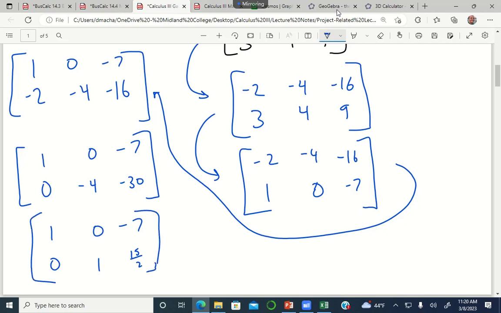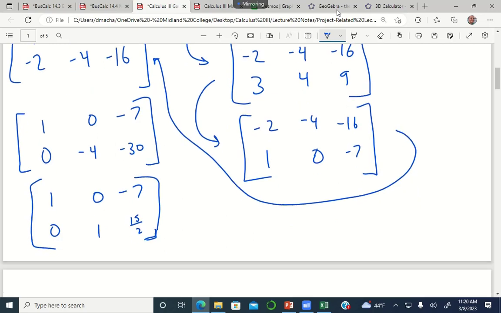And so again, every step of the way, these rows of the matrix represented equations in my system of equations, where the numbers were the coefficients of my variables until the last column, and the last column was the constants on the other side of the equal sign.